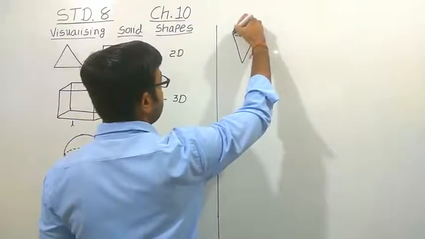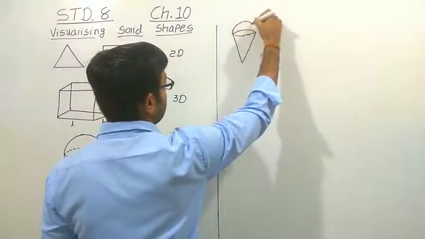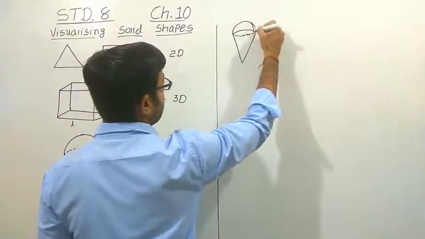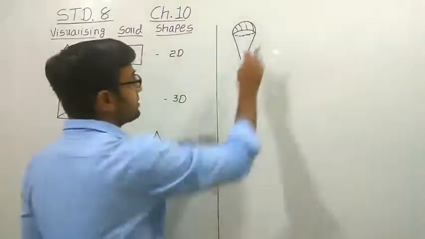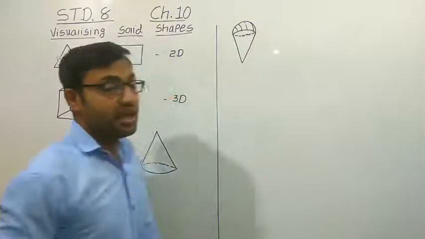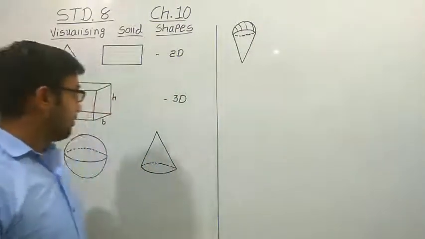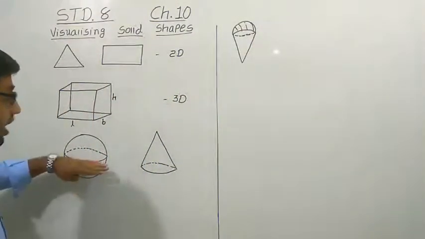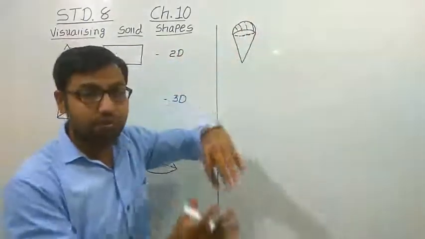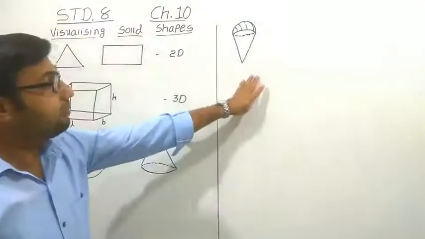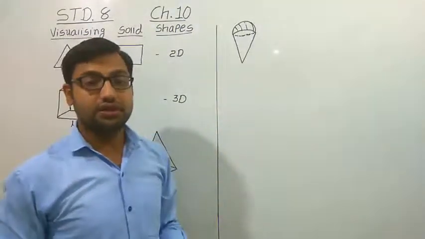Then there is a piece of ice cream on that cone. And which shape is this? This is a hemisphere shape. Hemisphere means hemi means half, half sphere. So this half sphere is there on the top of the cone. So this will become a combination of solid shapes.